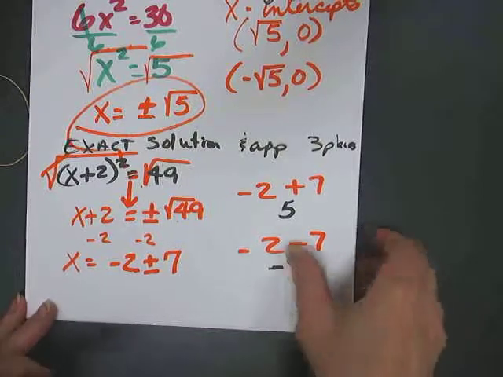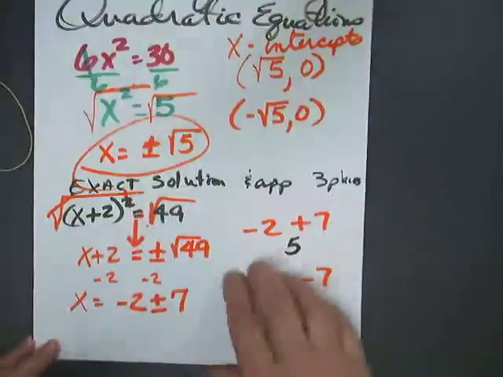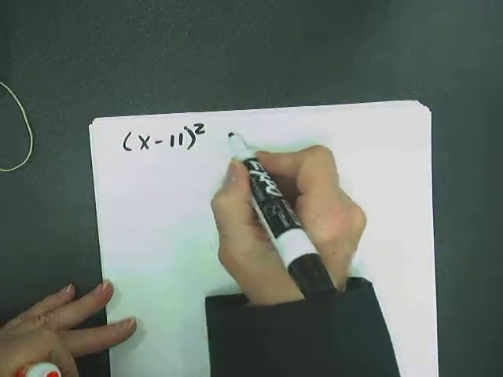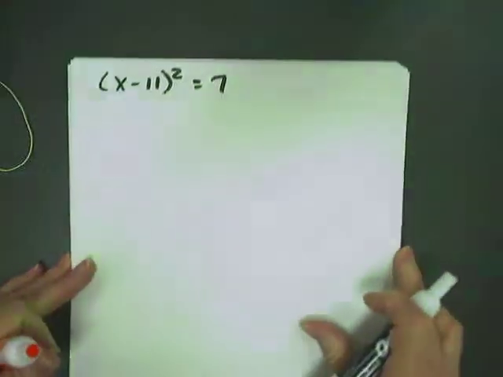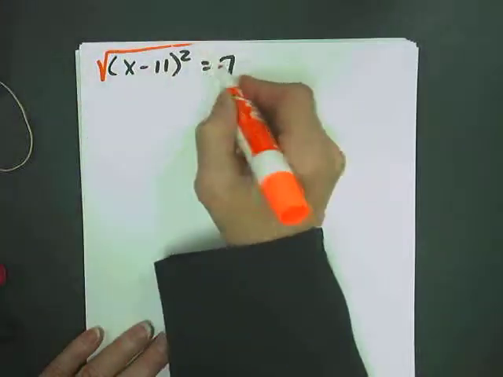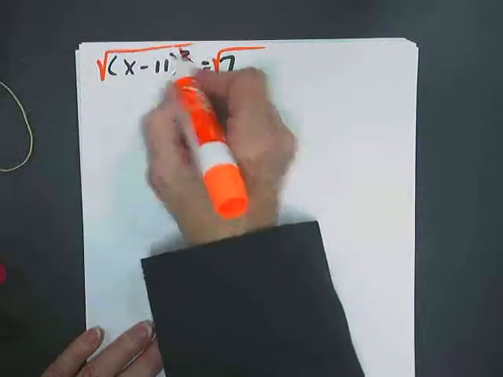Okay. Oh, here's one that it comes out to a square root, so we'll do it. x minus 11 squared equals 7. What do you do to get rid of the square?